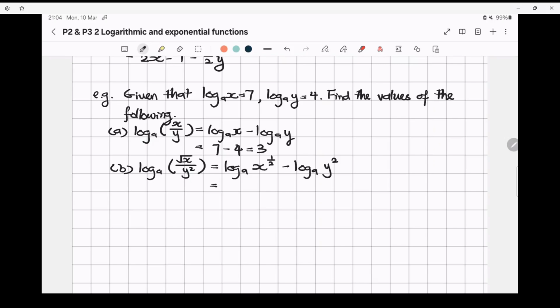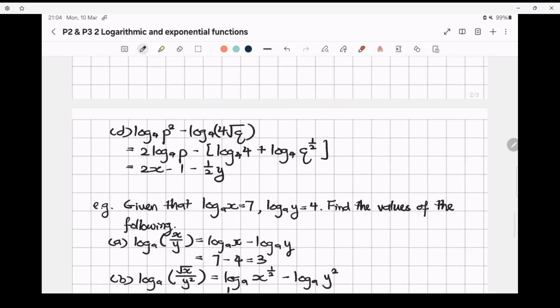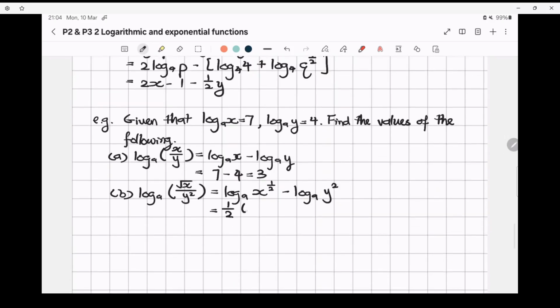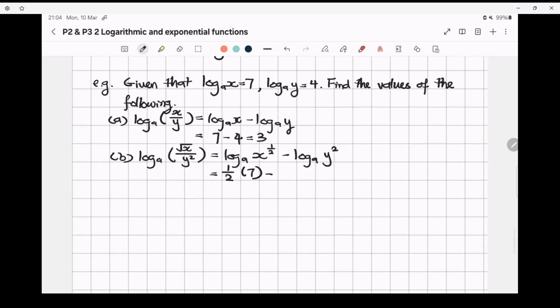So you would get half of log base a x, which is 7, minus 2 times log base a y, which is 4. So in the end you would get minus 9 over 2.